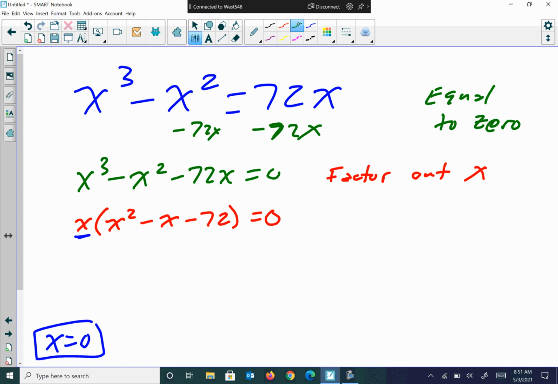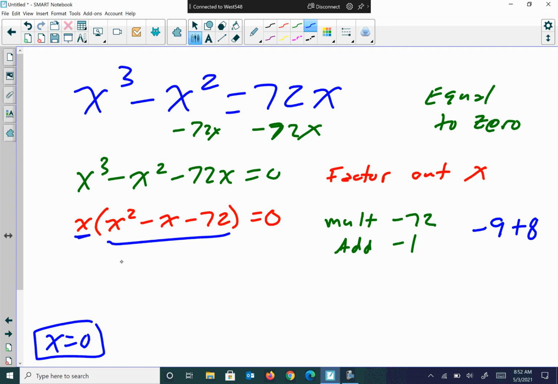And then, let's see. Multiplies to get negative 72, adds to get negative 1. What two factors of 72? 9 and 8, good. So I'd say it's going to be a negative 9 and a positive 8. Negative 9 times positive 8 is negative 72. Negative 9 plus 8 is negative 1. So this right here is going to factor to x minus 9, x plus 8 is equal to 0. So I get x equals 9, x equals negative 8.